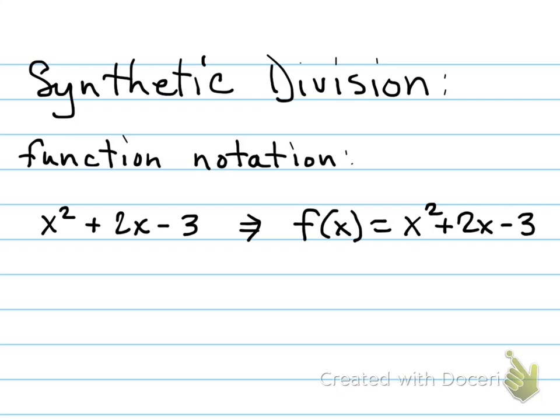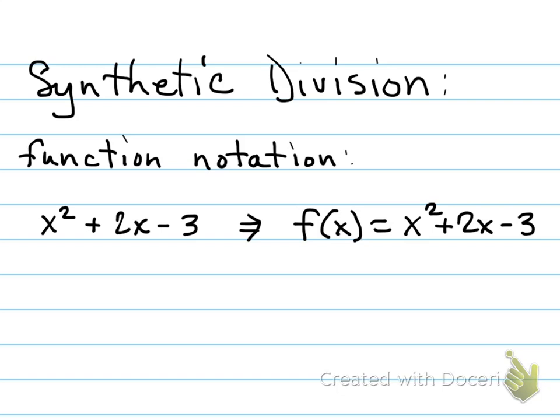A quotient, right? So you might call the quotient q of x. So you can use specific letters to name very specific objects. So you might be dividing an f of x by some d of x, and the answer you get is called q of x, right? Divisor, quotient, and you're dividing a function.